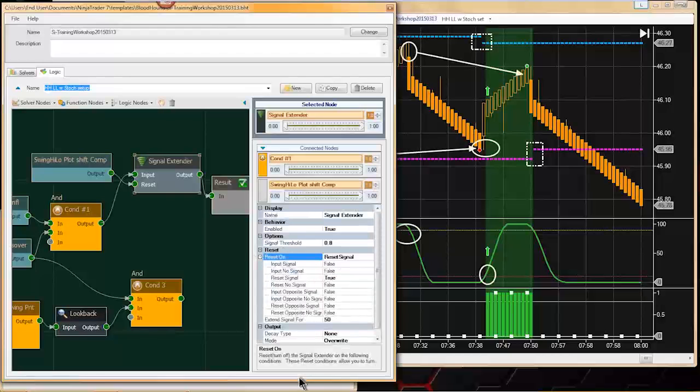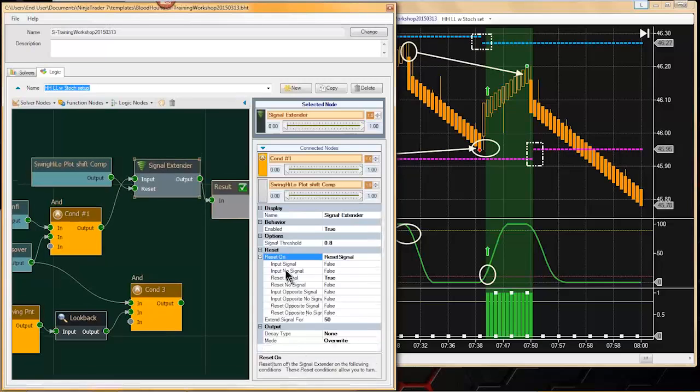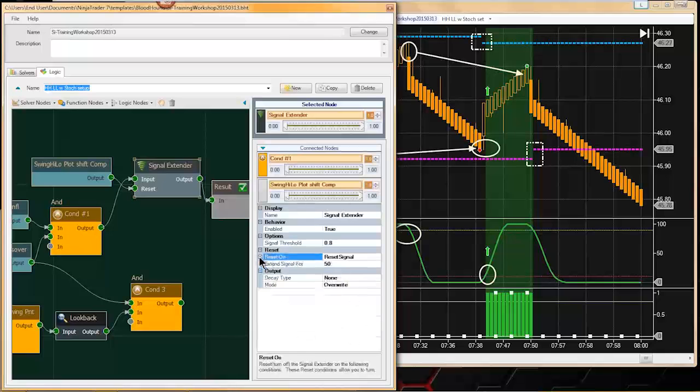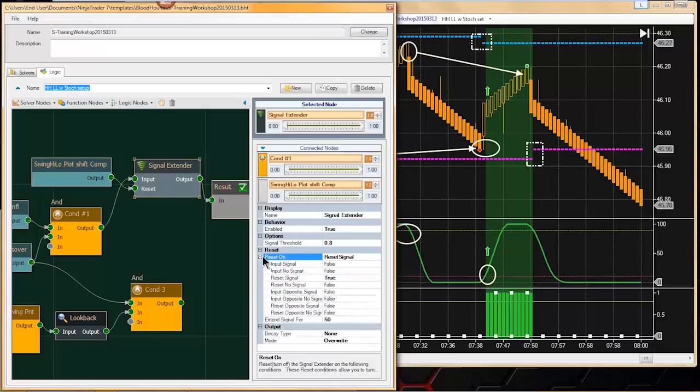So when we look at all of these reset options here, all I did was click on the little plus box to open this up. Since we're using the reset input, we're only interested in the resets that start with the word reset. And we're actually using a reset opposite signal.